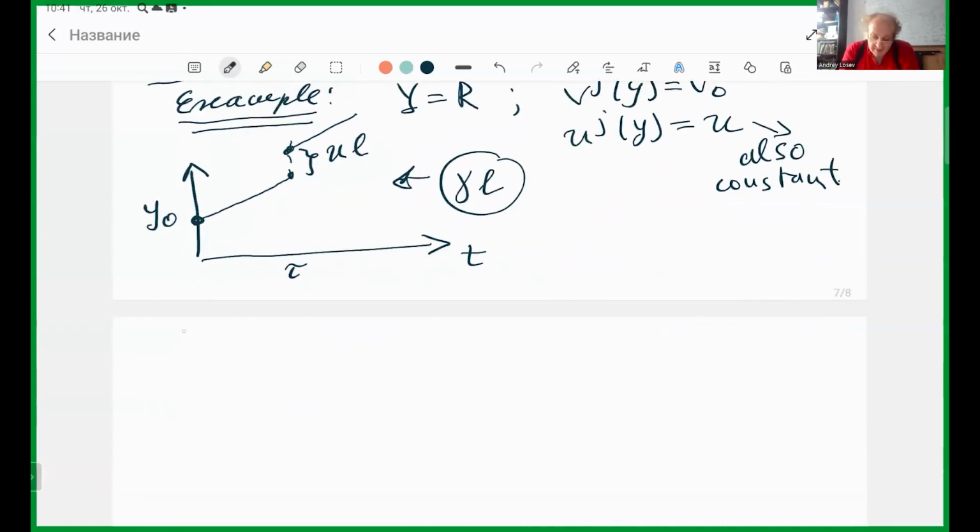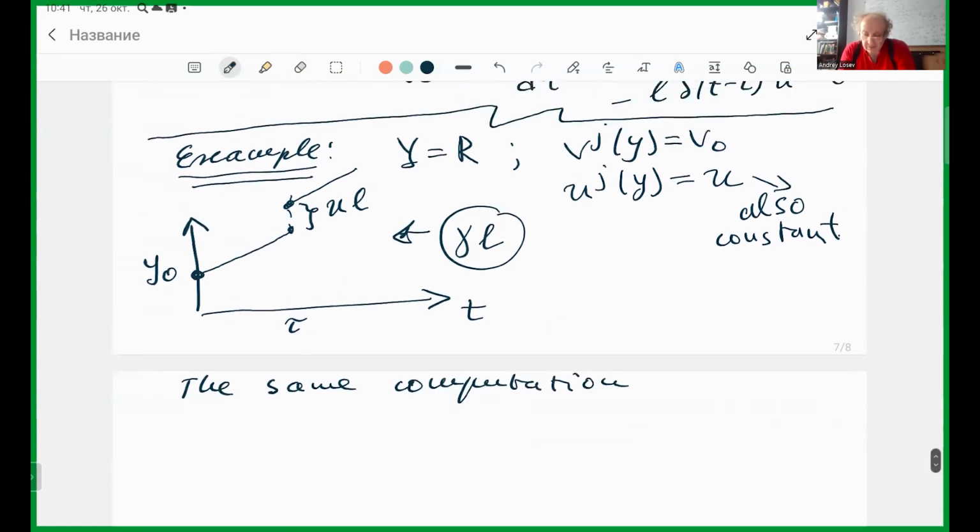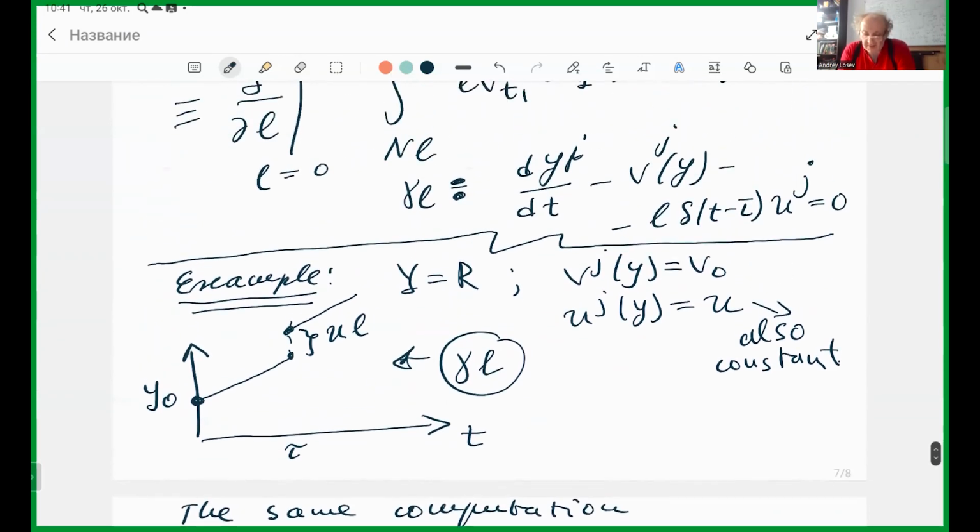Now let us do the same computation. Let me even simplify things a bit.